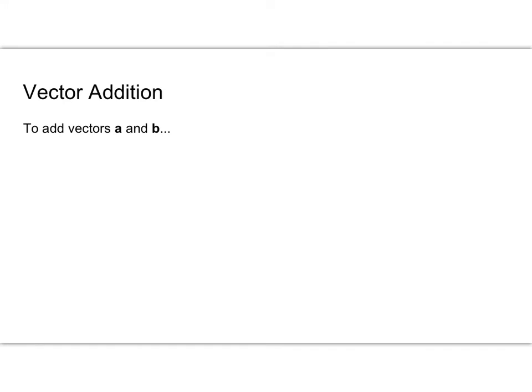All right, let's get mathy with vectors. So we can add vectors, and there are 3 steps to that. So step 1, if we want to add vector A and B, we first draw vector A. I'll make that thick.